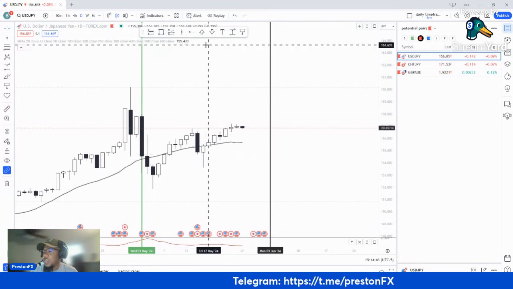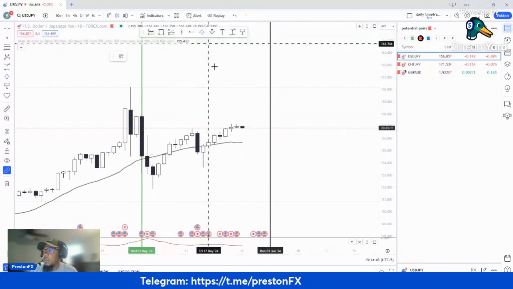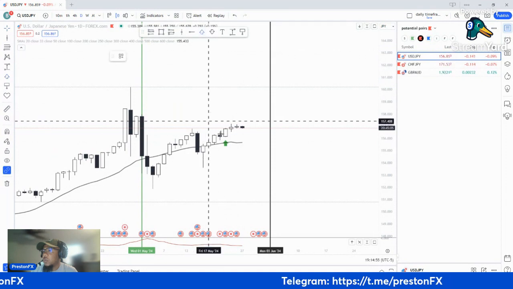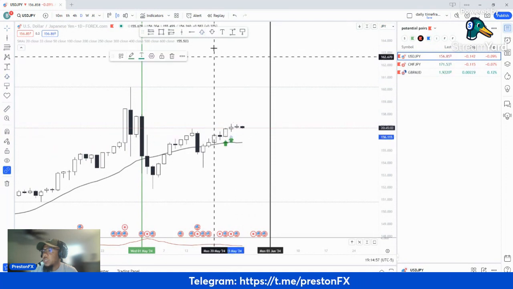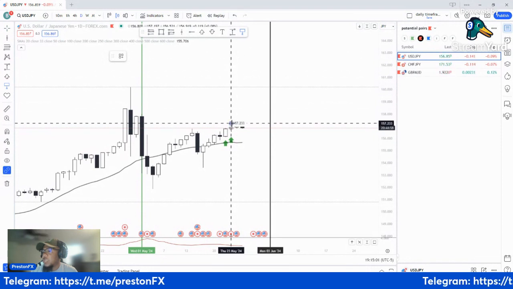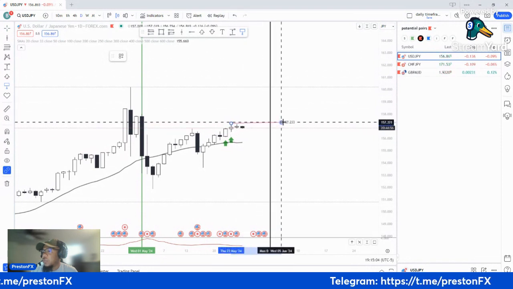As you know, I wait for the two candle lows on the high, and then I wait for the two candle highs. I see one specifically right here and one specifically right here. If I were to take a trade, I would put in the buy stop above here, right?